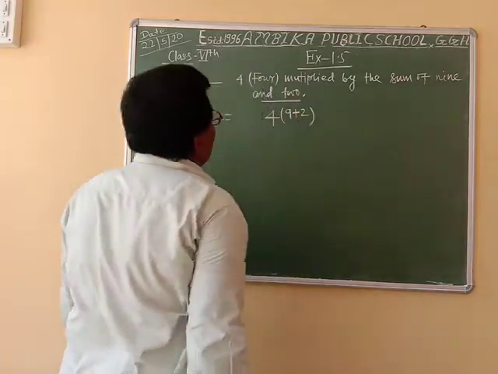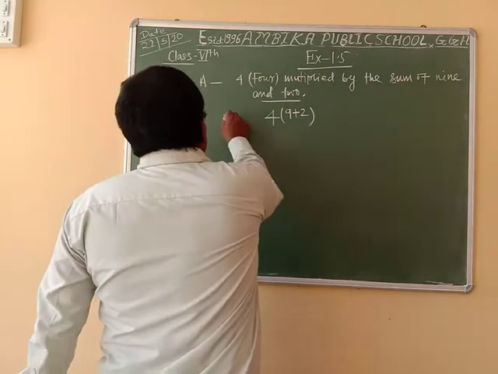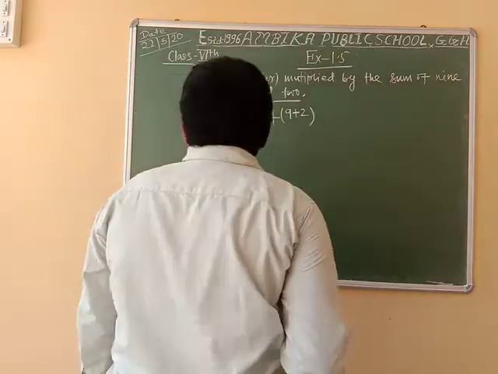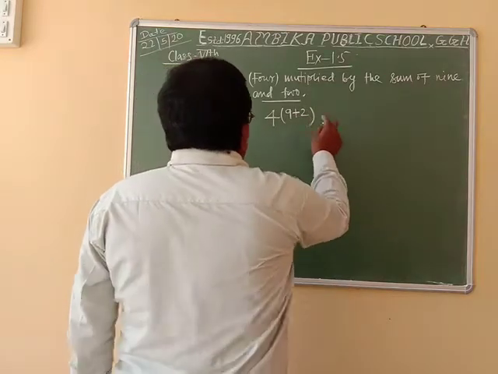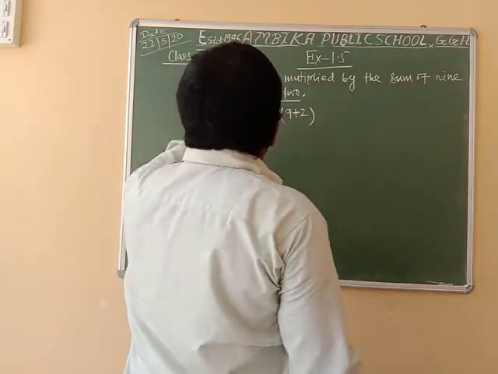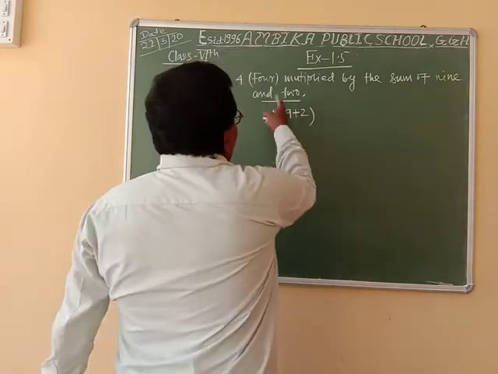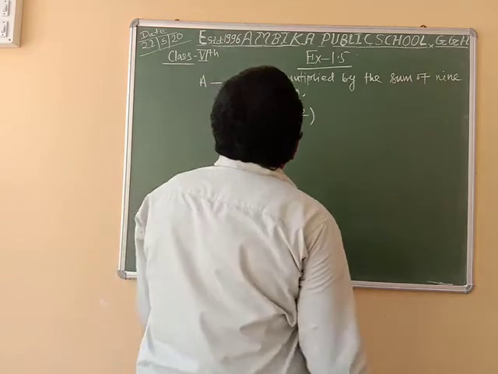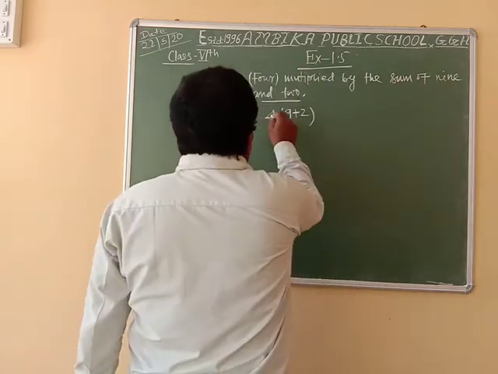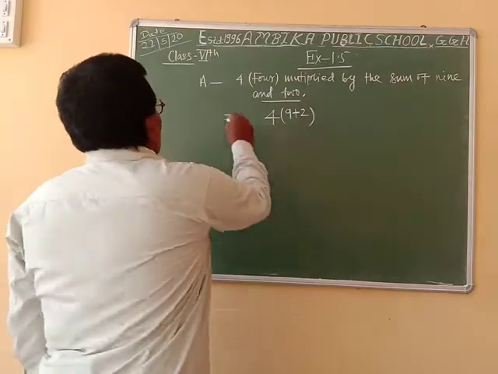The question is in words, and the answer will be 4 into 9 plus 2. The sum of 9 and 2, we can write 9 plus 2, and 4 is multiplied. So we multiply by 4. Answer 1.